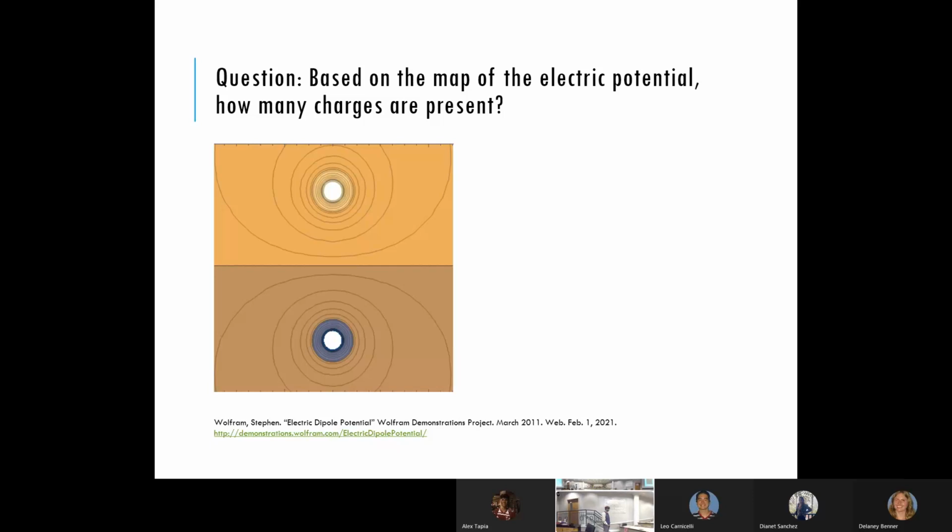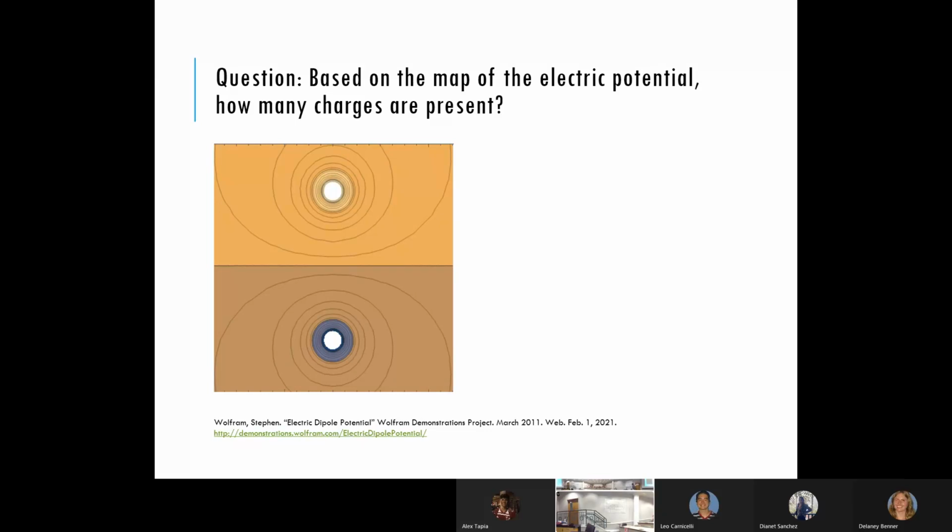Two. I agree. Not a trick question. Okay, I agree, two. How do you know there's two? What do you notice about this plot that tells you there's two? Just the way the map's drawn, because there's two different sources there.